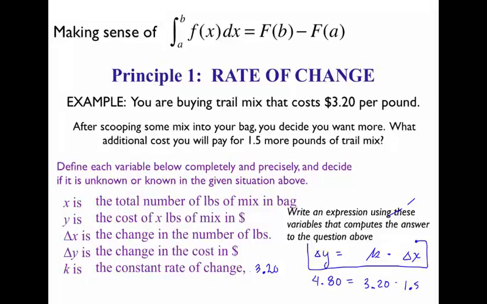So this is the symbolic version of this very important principle. You all should have been able to do that when you first asked the question. Mathematically, you got these numbers, but now symbolically, your change in your output quantity is your rate of change times your change in your input quantity.